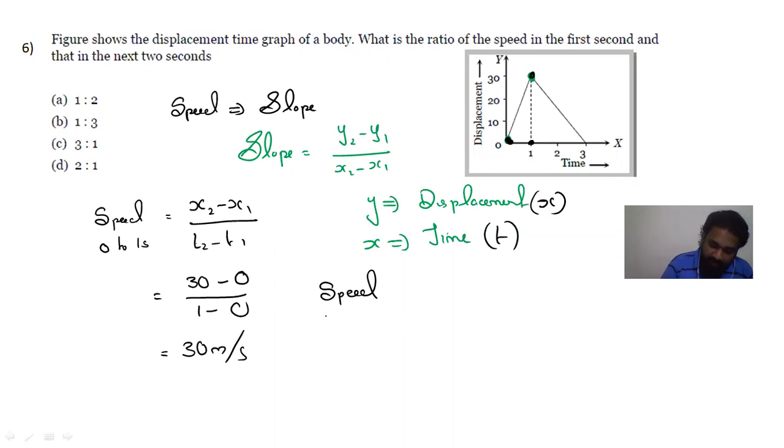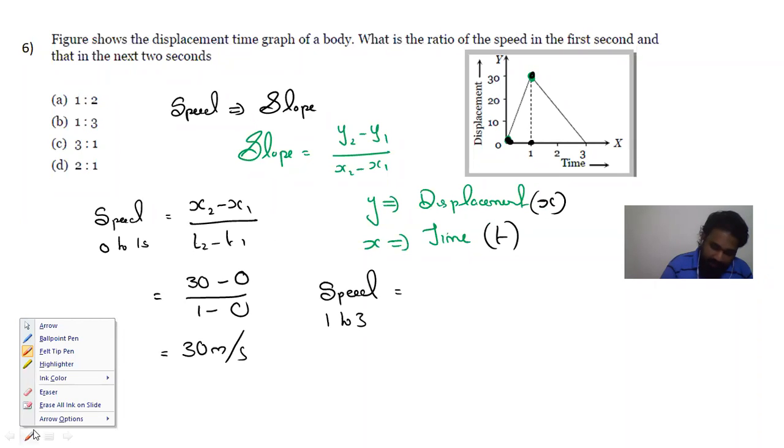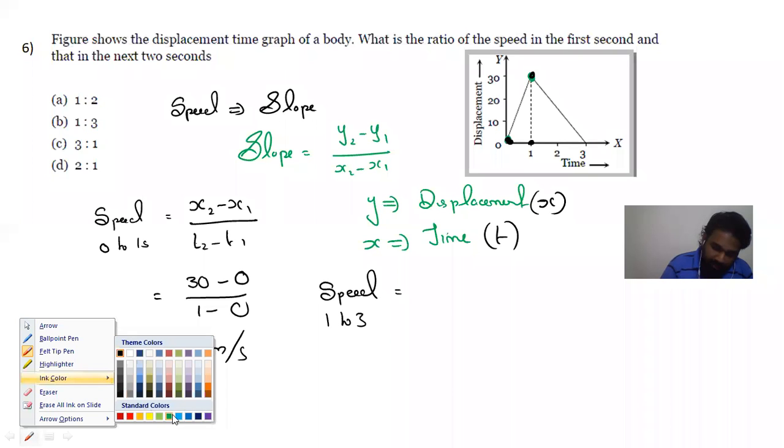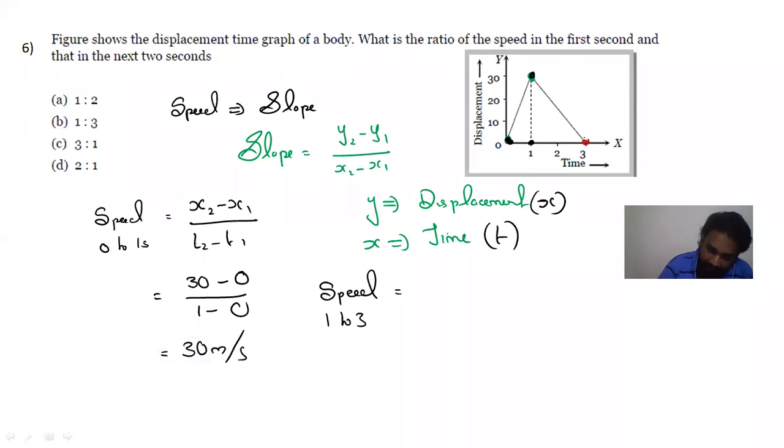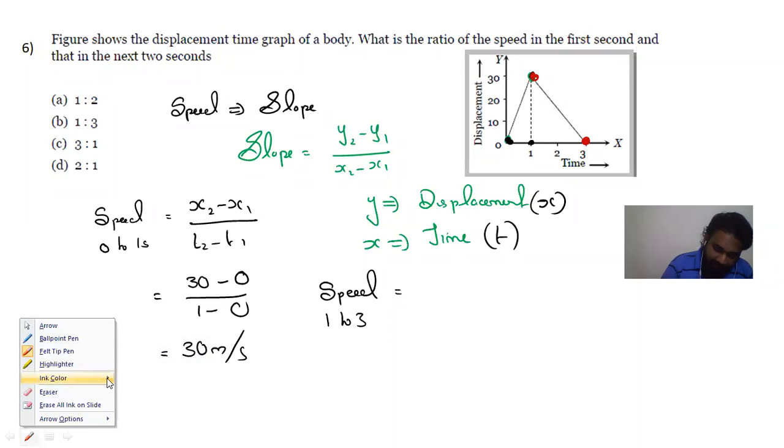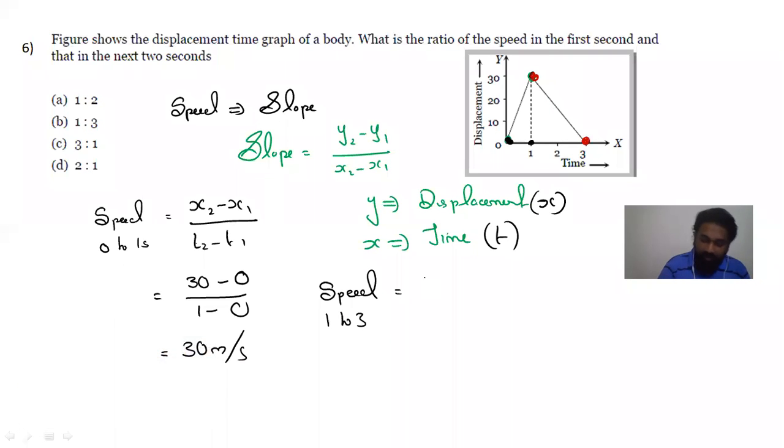Now speed from 1 to 3 seconds, again slope. This time I am going to take the next 2 points. Which points will I take? I will take this point and this point. So here comes the trick. You have to be very careful here. This is going to be 0 minus 30 divided by 3 minus 1, because I should consider this point minus this point actually.